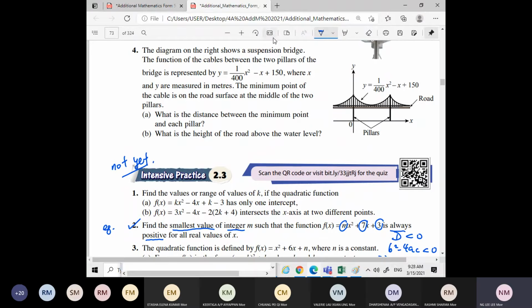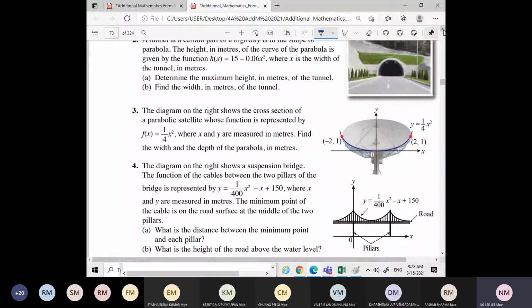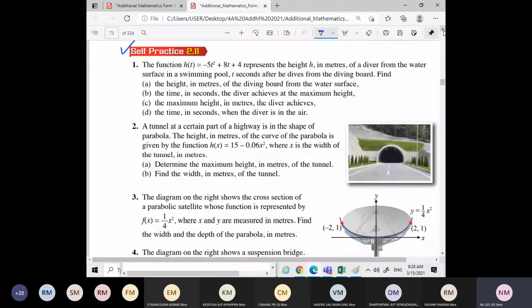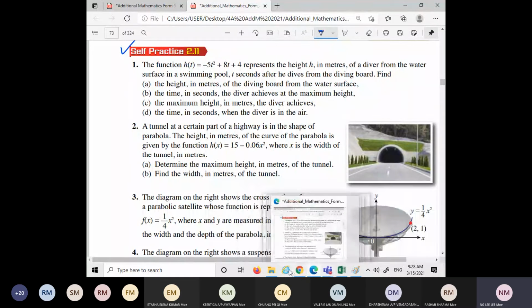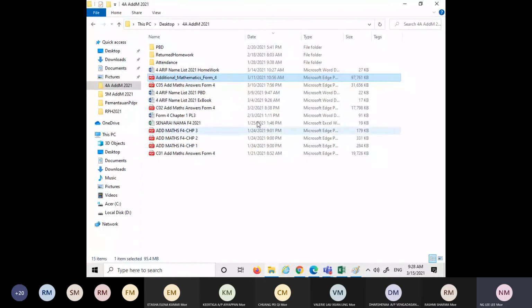Maybe we can go through these questions. We are not doing them, but we just analyze them. Okay, you can help me, so you can get the marks. So I have to call out the file.